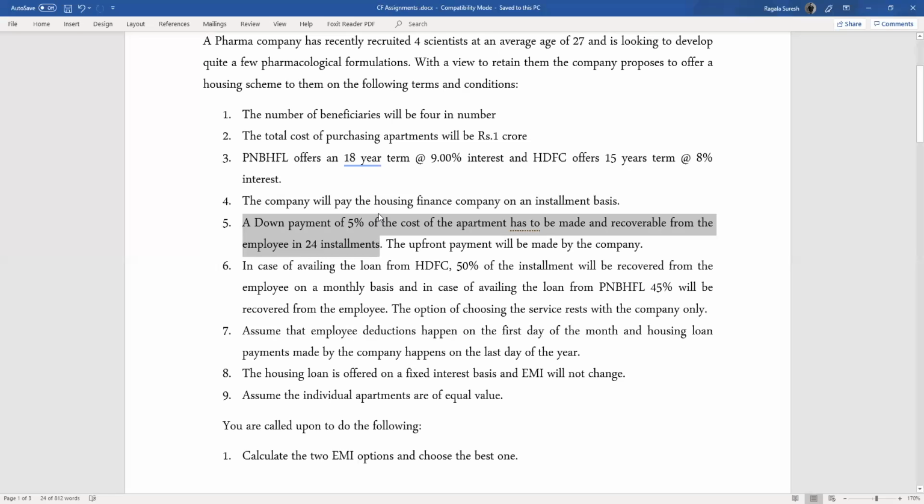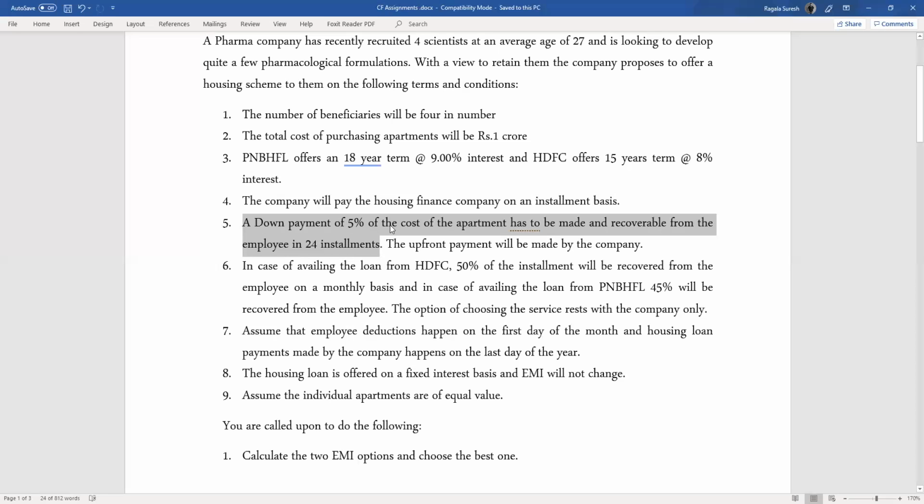What I understood is this 5% of the cost of the apartment is deducted from the employee's salary, right? So that will be for only 2 years, and after that the company will pay the rest of the amount? This is something confusing me.